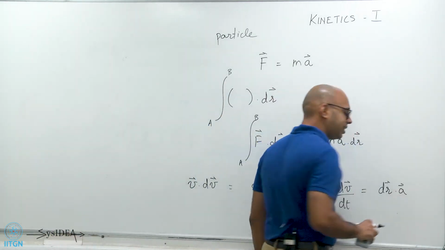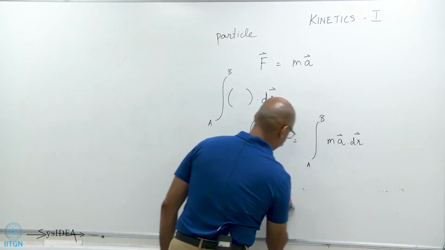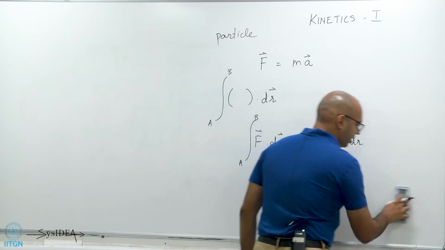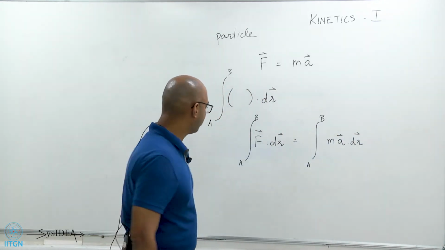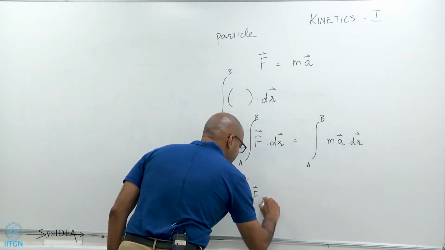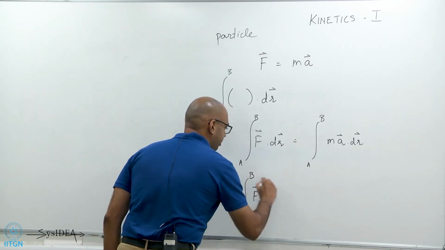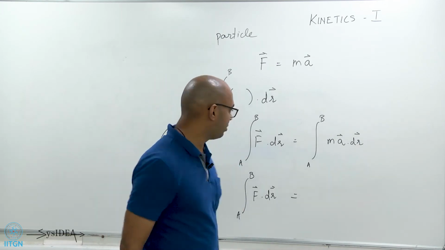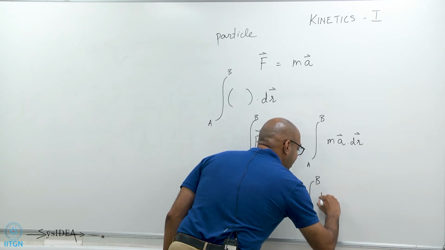Now this leads to an expression which some may find surprising. This is trivial, but still many students I find have forgotten about this, that the total work done due to external forces in going from A to B is not equal to the change in total energy, but really only the change in kinetic energy.